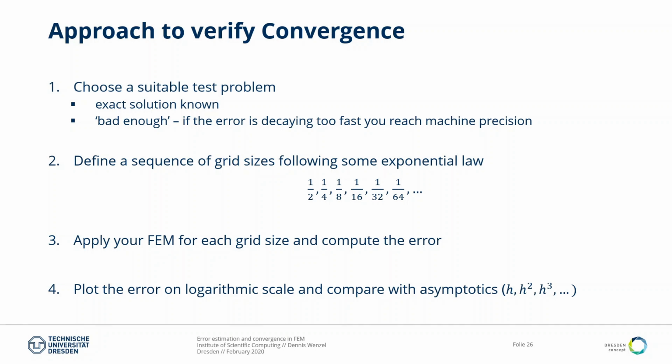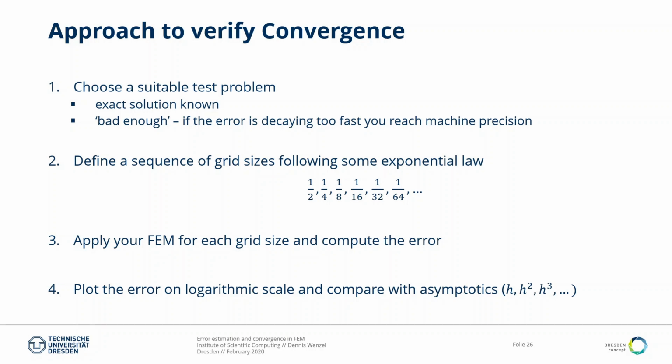The reason is that if you have a problem where the numerical solution converges very fast because the problem is simple, for example, the problem itself is a polynomial and you want to approximate it by piecewise polynomials, then you are very likely to get an error that is close to machine precision. For example, in Python, this is around 10 to the power of minus 15, I think. So your error is going to decay so fast that you cannot even compute it anymore, because as soon as you have reached machine precision, there is no way of cutting your error even further.